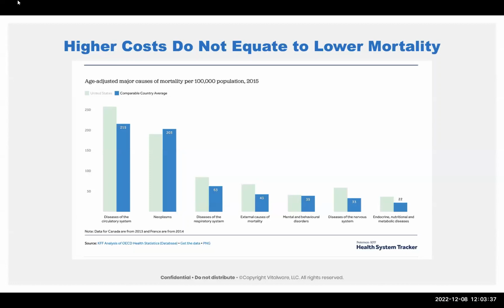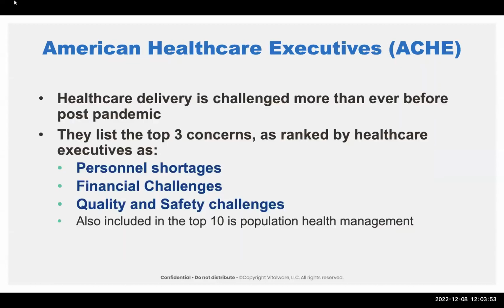So we see that diseases of the circulatory system, cancers, respiratory, external causes, mental health, all of these contribute, and these are major causes for mortality. So we don't necessarily get that.